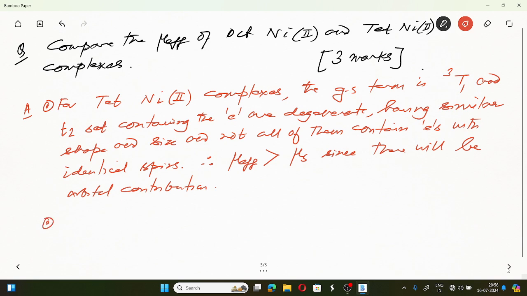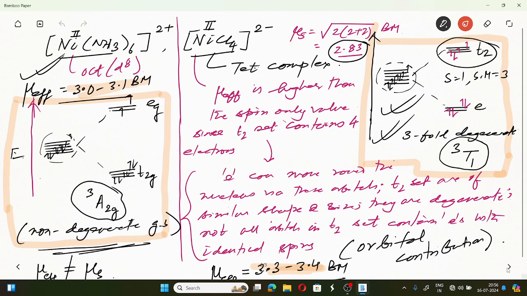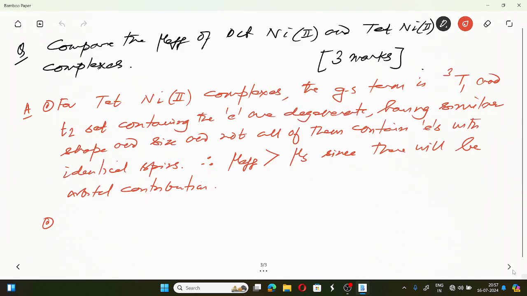Next, See, the next thing is, if you look at Ni(NH3)6 2+, normally there should not be any orbital contribution to the value of magnetic moment. But you see what happens, there is a phenomenon known as spin orbit coupling.